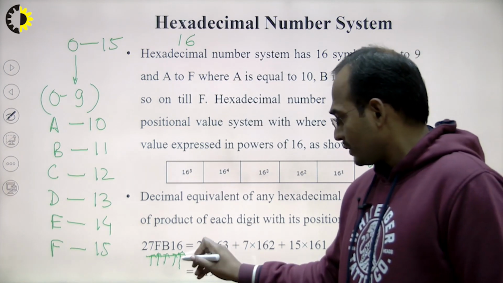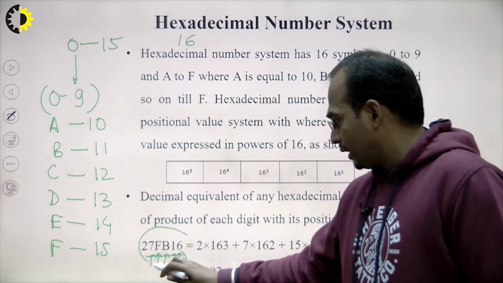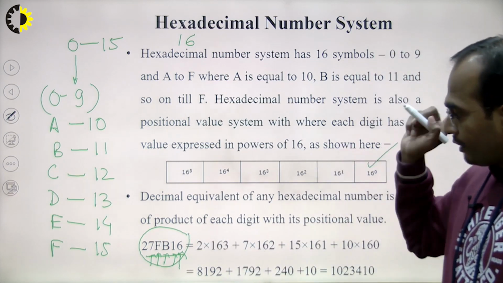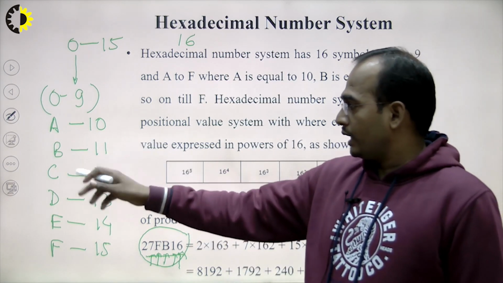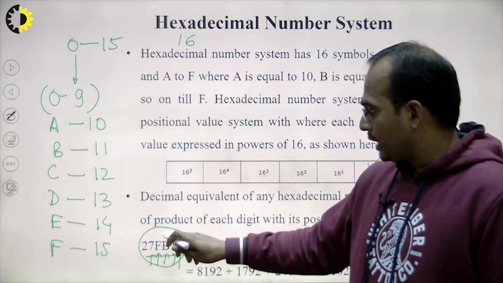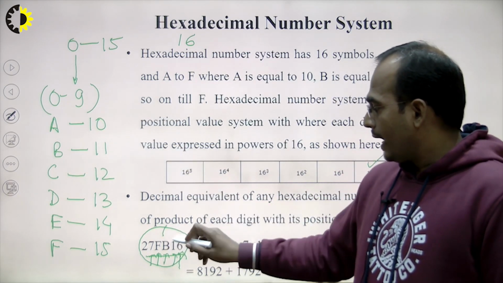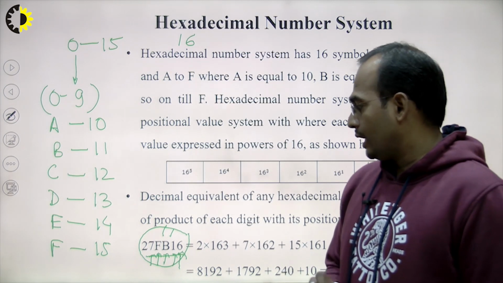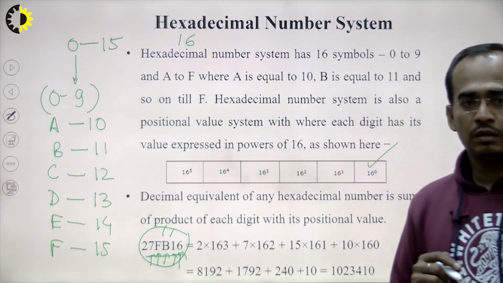After solving you can get the decimal number. You have to remember that A, B, C, D, E, F represent 10 to 15. So here you have to replace F by 15 and B by 11. After that you can calculate.